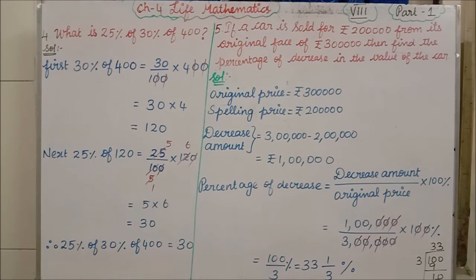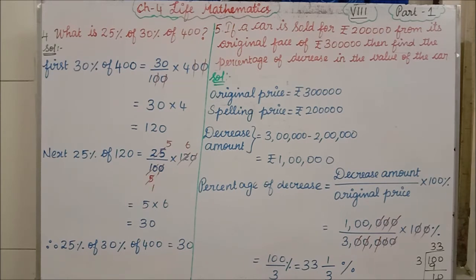Okay, students, they were buying the car for 3 lakhs. After some period, they were selling that car. That time they are selling for the amount 2 lakhs. They were asking how much percentage of value the car has been decreased. They were asking in the question.